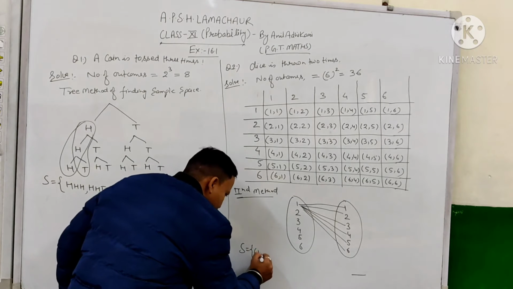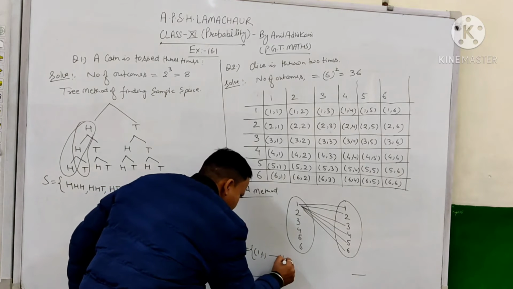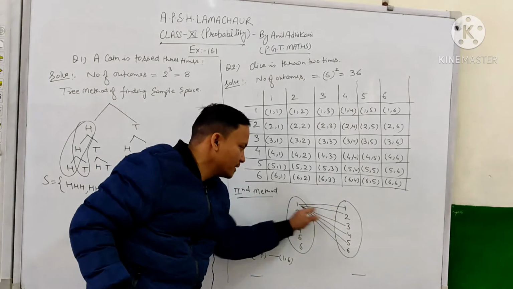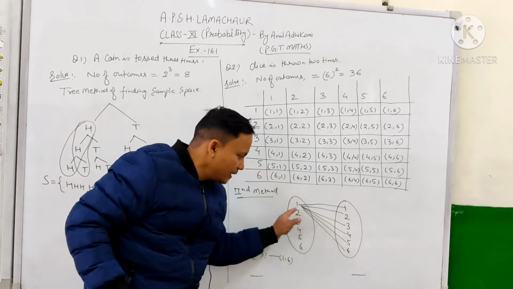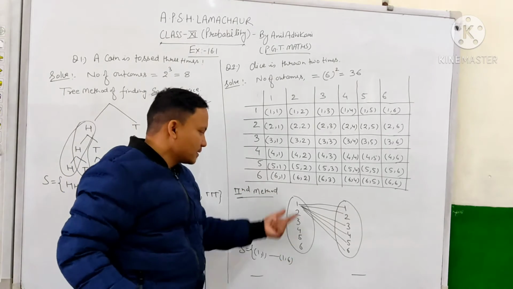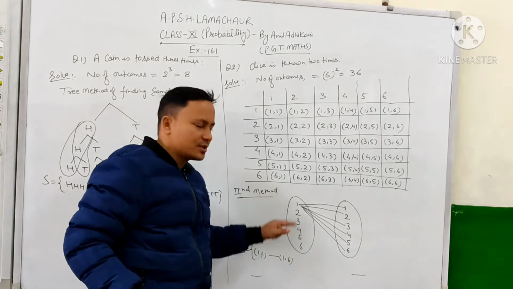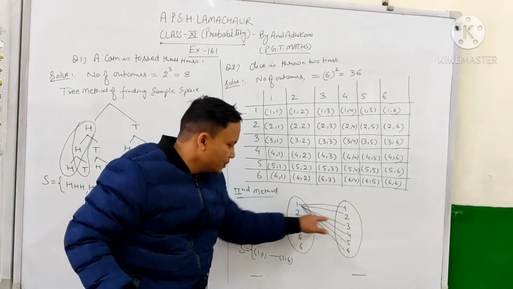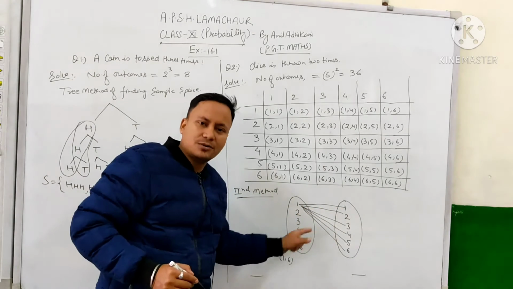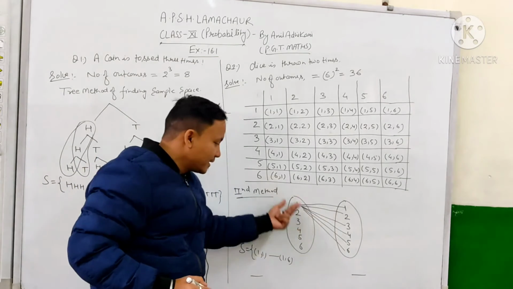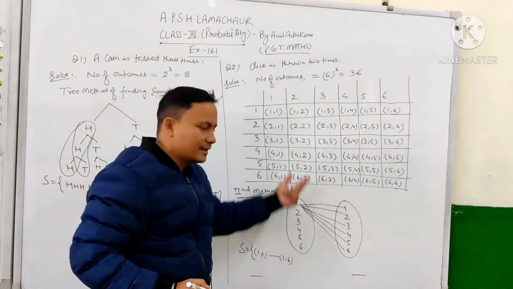So you get 1 1 till 1 6, 6 outcomes. Likewise, in similar manner, you can associate 2 with all 6 digits like 2 1, 2 2, 2 3, 2 4, 2 5 and 2 6. Processing in the same manner, we get 36 outcomes.